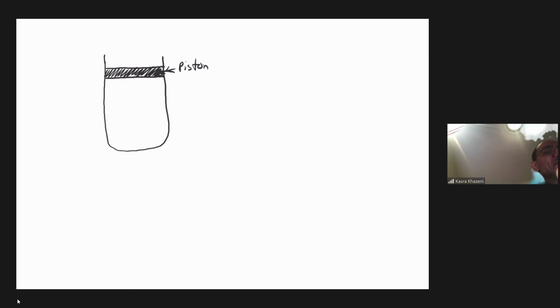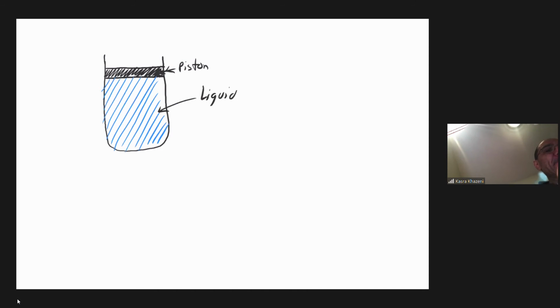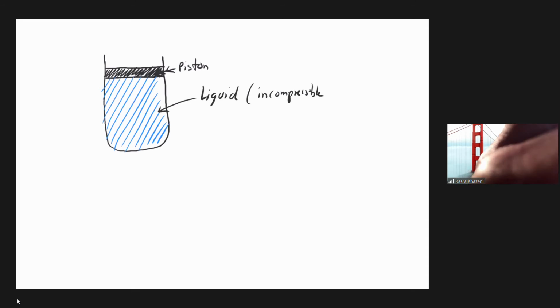And I have a container full of some fluid. Actually, this is an incompressible fluid, which is a liquid.